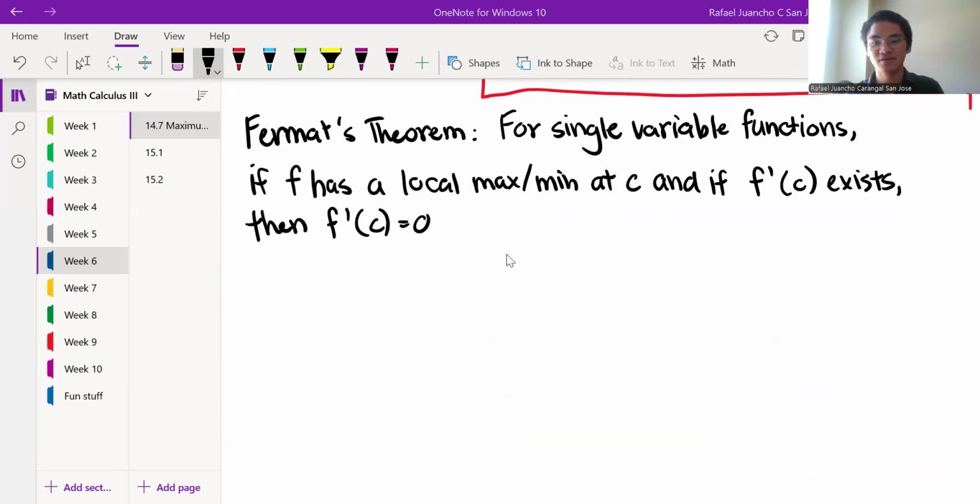And now we have another one, this time for functions of two variables, right? Obviously, there's going to be one for single variable and one for multivariable.